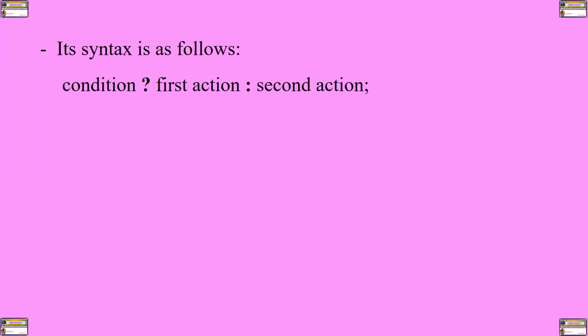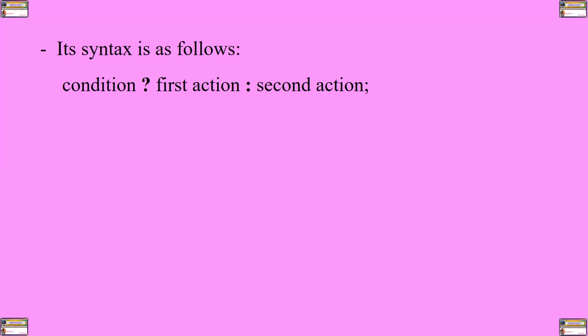You have the condition, then the question mark symbol, then the first action that should be taken, like the if section. The first action is taken when the condition evaluates to true, while the second action is taken when the condition evaluates to false.